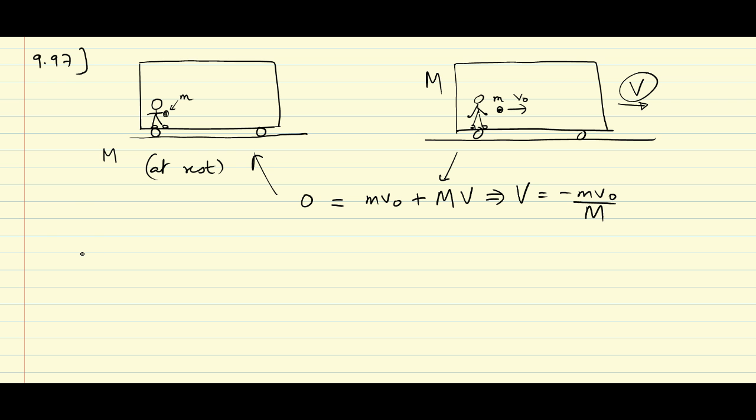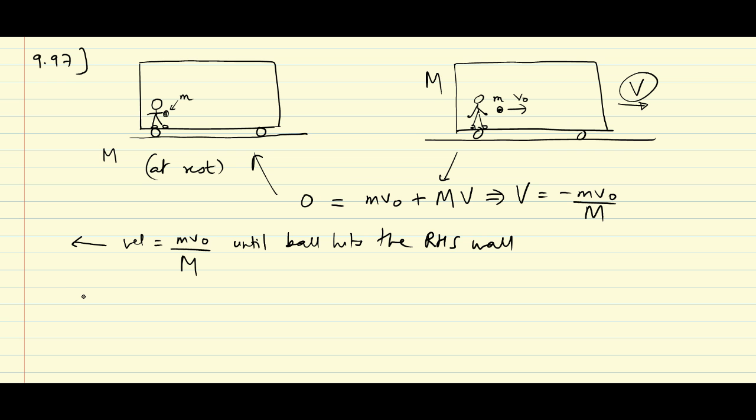And so the car will be traveling towards the left with a velocity equal to m v0 upon capital M, and this state will continue until the ball hits the right hand side wall of the car. That's when the first collision will occur.